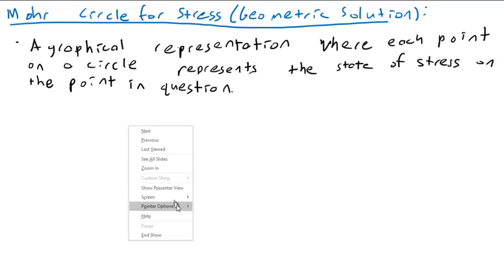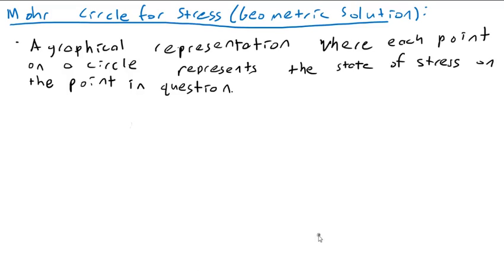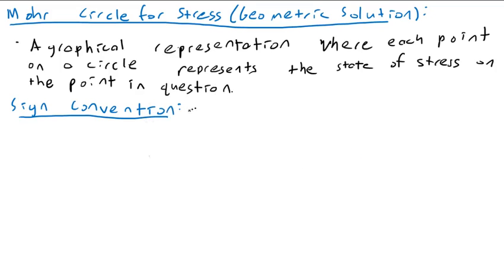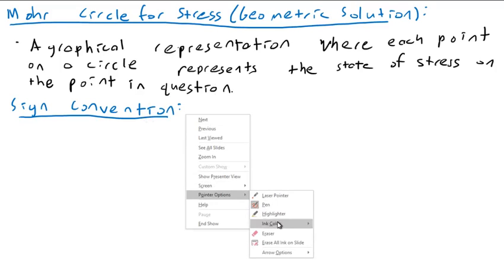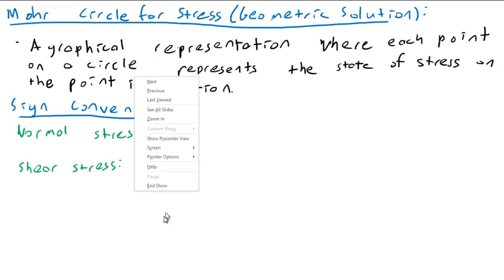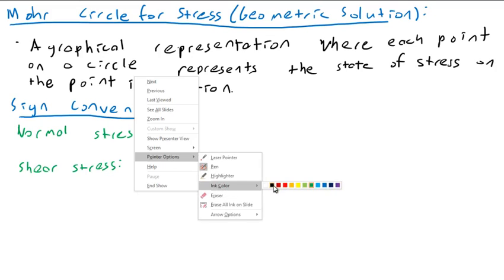Okay, so sign convention. What will our sign convention here be? Well, it's going to be very similar to what we've done before. So let's talk about normal and shear stress. Normal is fairly easy.